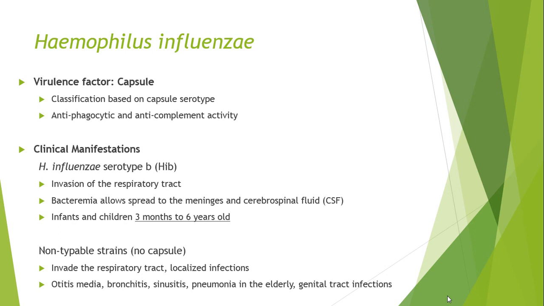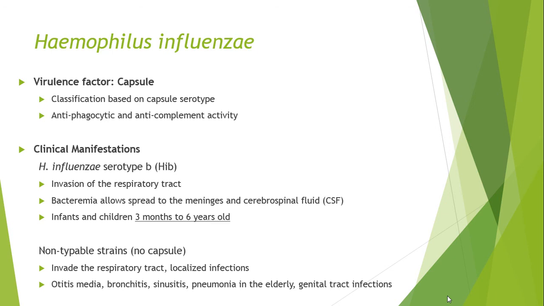Clinical manifestations, so what do we see? Haemophilus influenzae serotype B. We're not going to talk about serotypes. Just be aware that there are other strains or types of Haemophilus influenzae out there. This one might be familiar because there's a vaccine against this particular serotype. And children are supposed to get this vaccine because it causes meningitis in that age group.